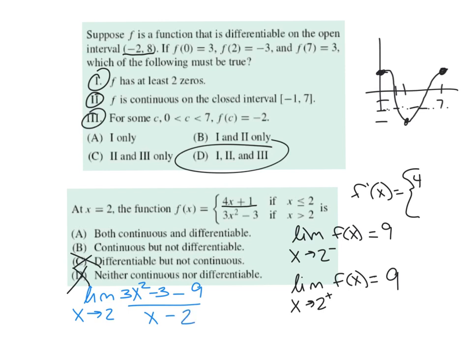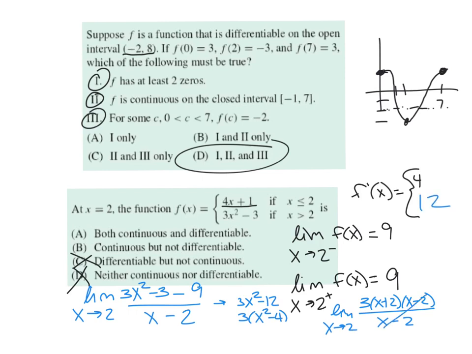My brain is working real good here, guys. Because that's 3x squared minus 12. X squared minus 4. So we get 3 times x plus 2, x minus 2 all over x minus 2. The limit as x approaches 2. Those cancel. Plug in. We get 12. So it is not differentiable, so the answer is B.